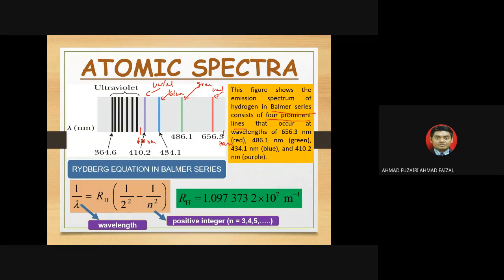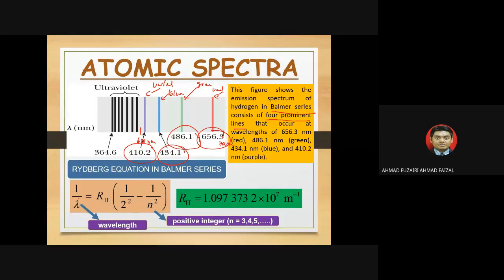We want to see the emission spectrum of hydrogen, which consists of four prominent lines. To do that, we can calculate the wavelength. How can they get 410, 434, 486, and 656? How can they get those values? Using the Rydberg equation.